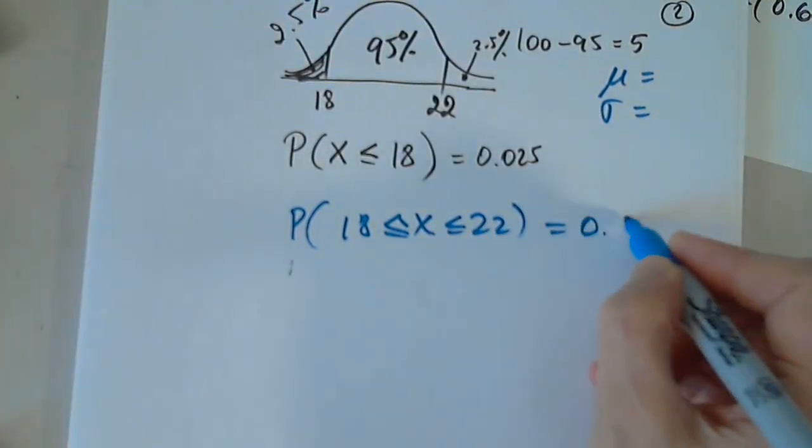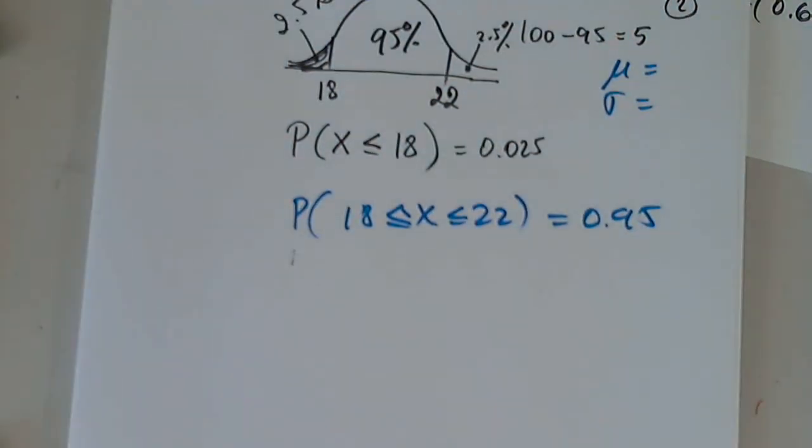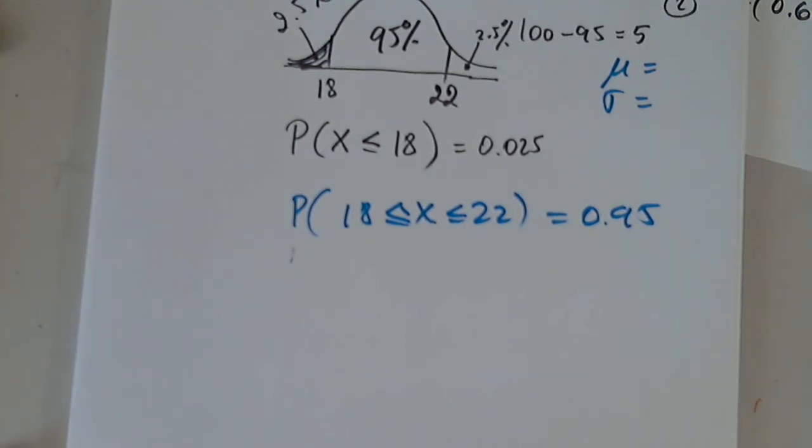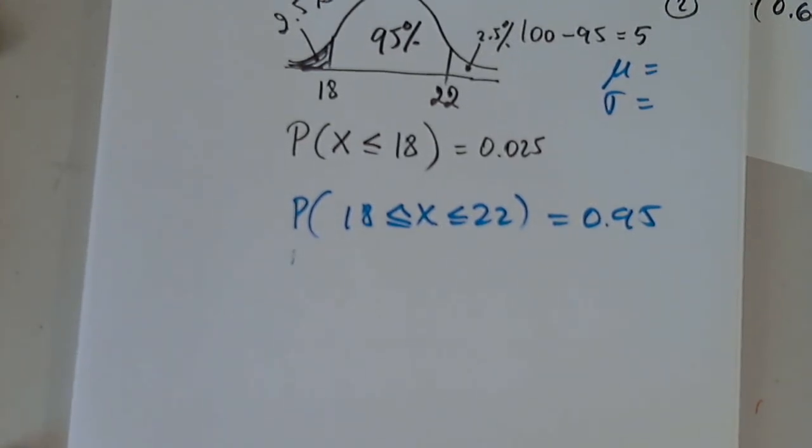And if it's not 0.95 or 95%, then something is wrong. Okay. So how did you do the inv norm with StatCrunch? Ah, you just put the area to the right and it gives you the left.